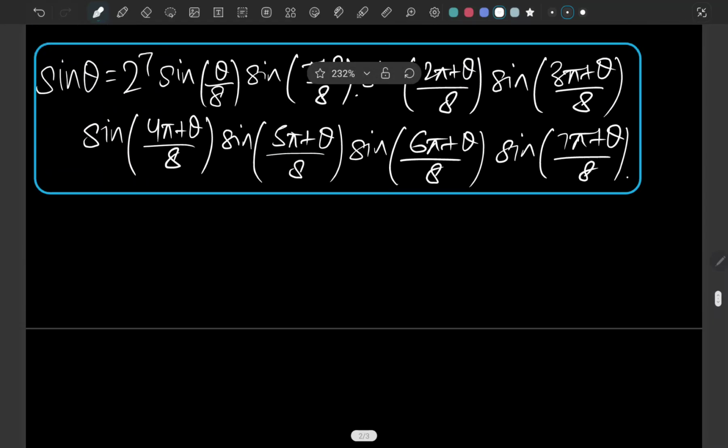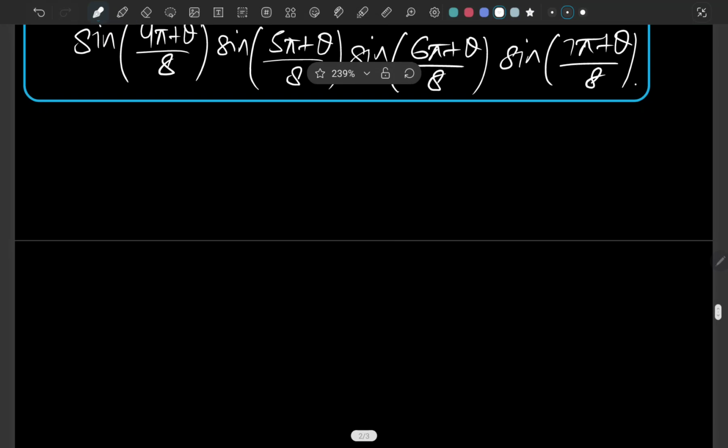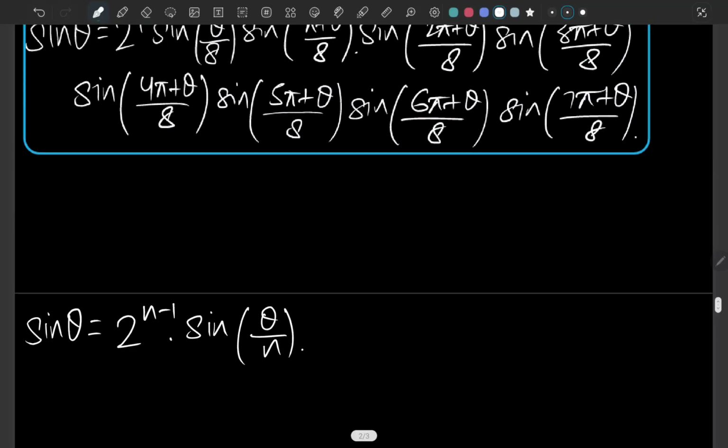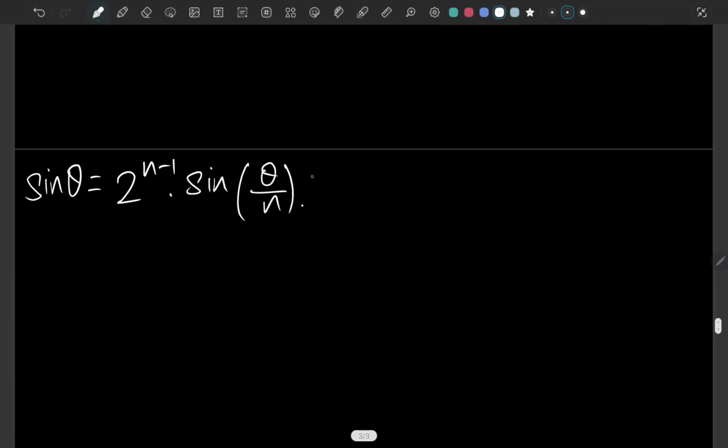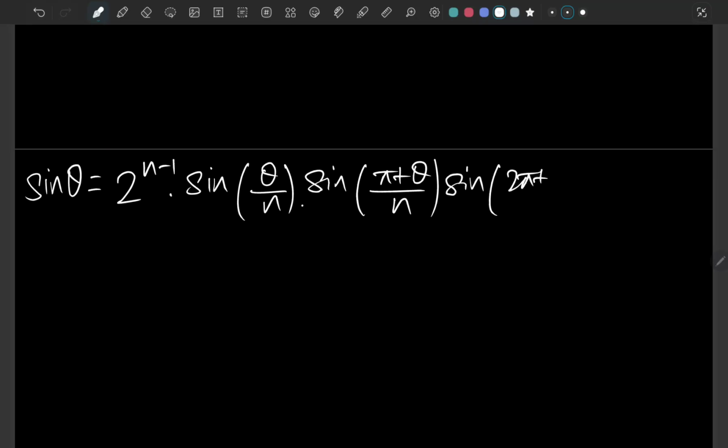So let's just generalize this. Basically sine of theta can be written as 2 to the n minus 1 times sine of theta over n, the very first term here, and then we have sine of pi plus theta over n, then 2 pi plus theta over n, and so on.